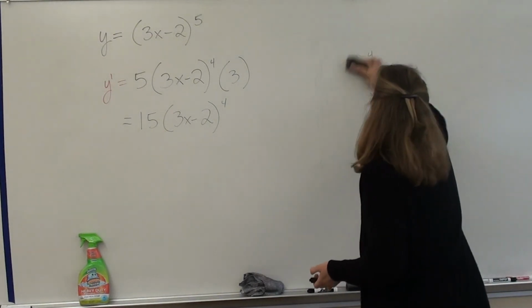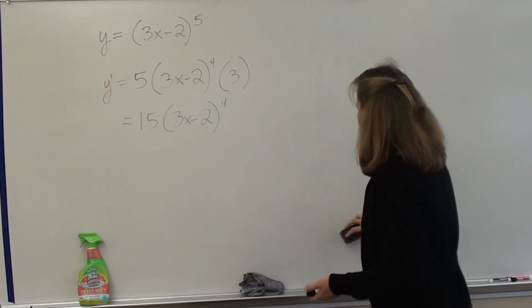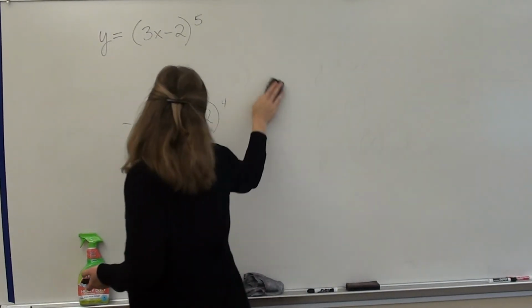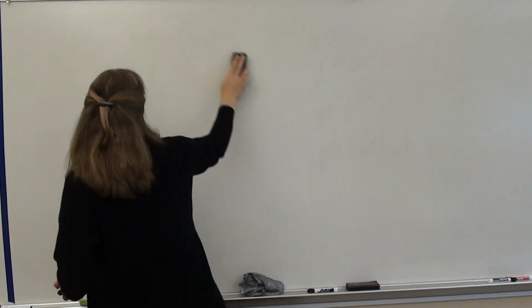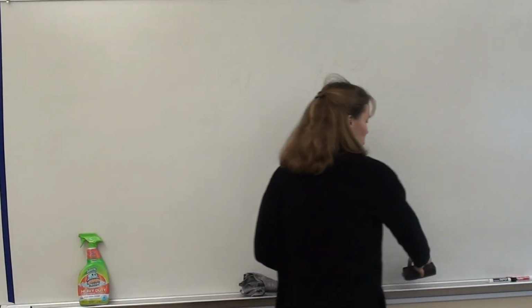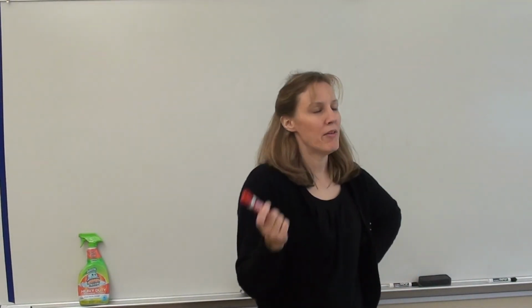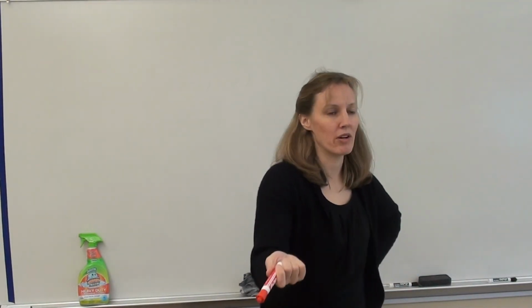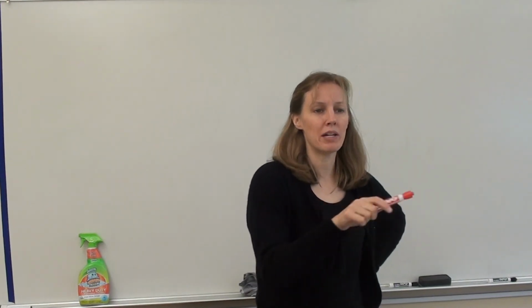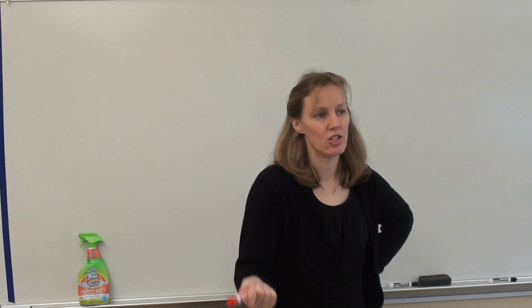Now, I'm about to actually write what the rule is. And you have to know this rule. So, you know product rule, f prime g plus f g prime, sorry. You know quotient rule, f prime g minus f g prime over g squared.